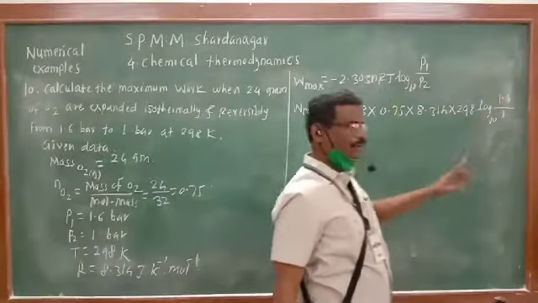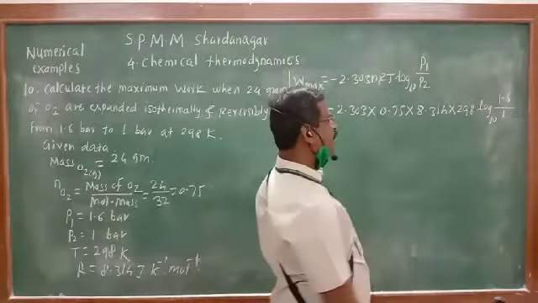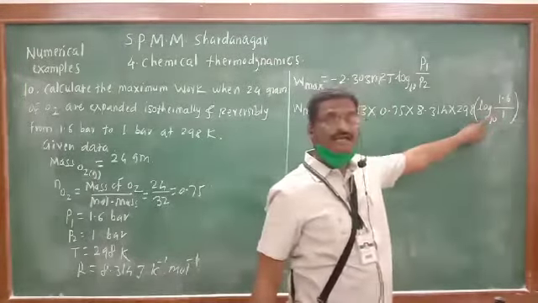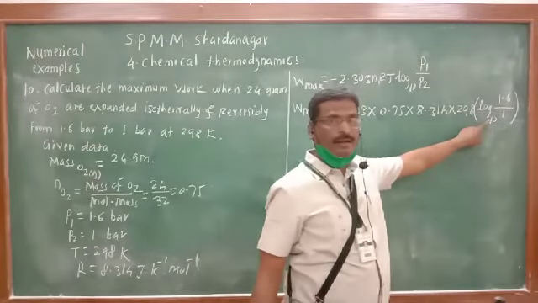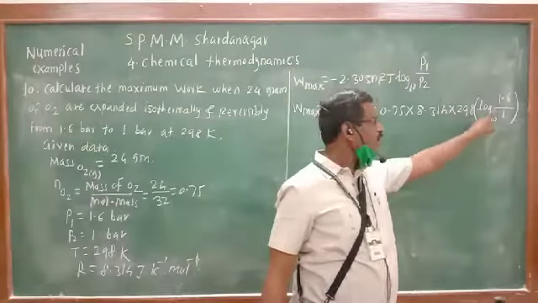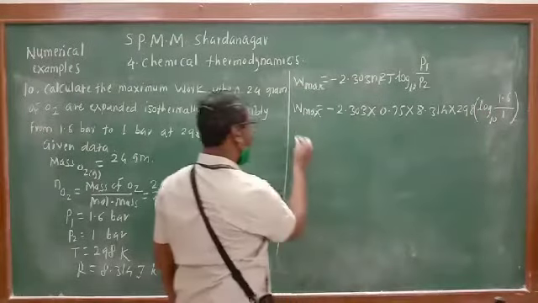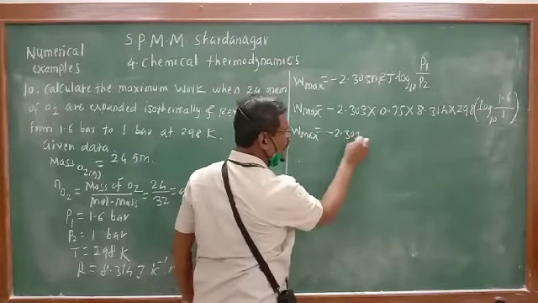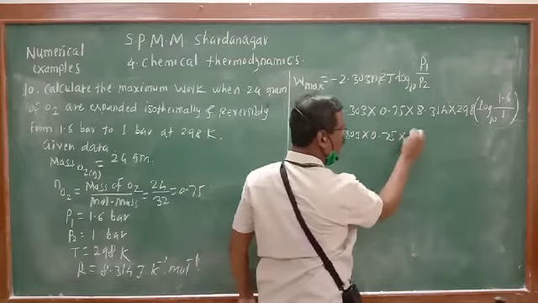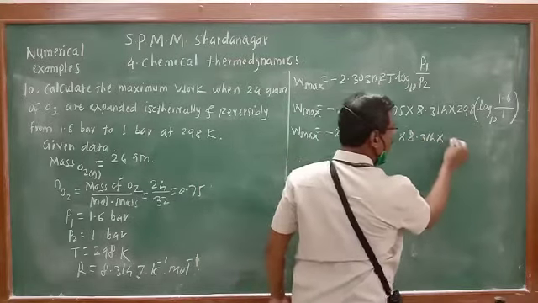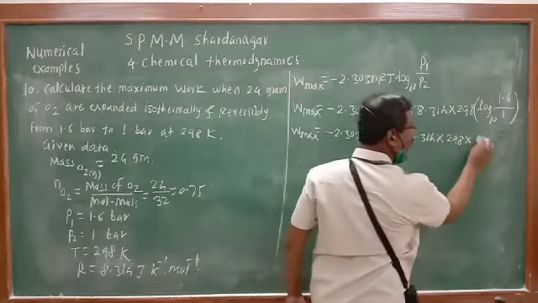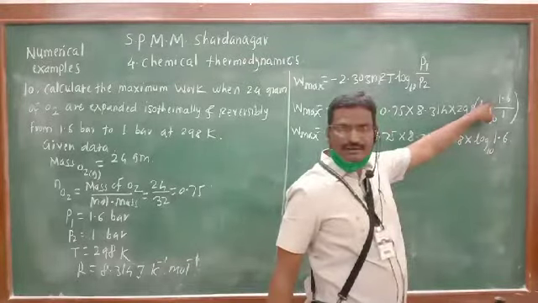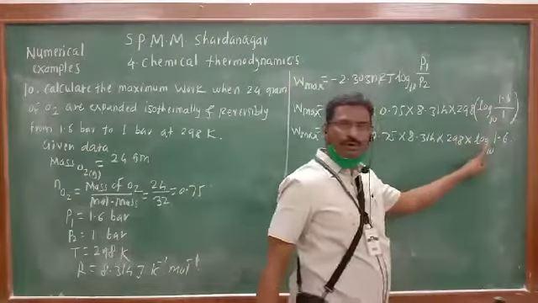1.6 divided by 1. See, first of all we have to solve only this factor, only the logarithmic term. Don't mix that with this one. First of all complete this solution, therefore W max will be equal to minus 2.303 into 0.75 into 8.314 into 298 multiplied by log to the base 10 of 1.6, because 1.6 divided by 1 is equal to 1.6.